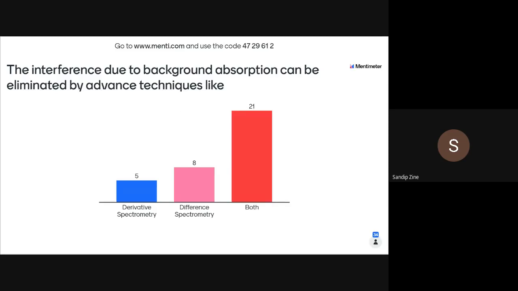Now we will talk about derivative spectrometry, what it is exactly, or what is the importance of derivative spectrometry.